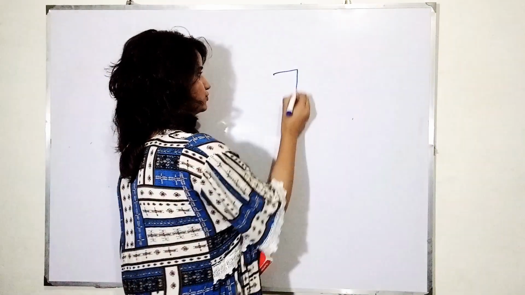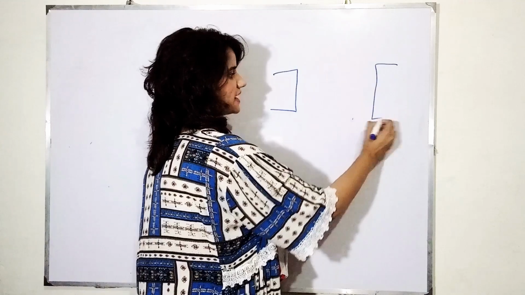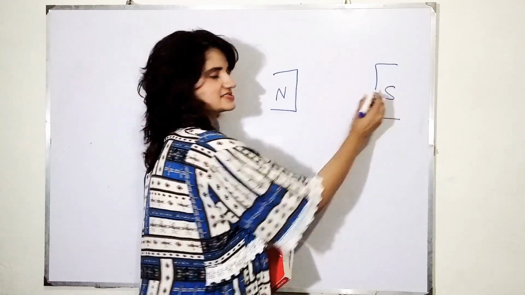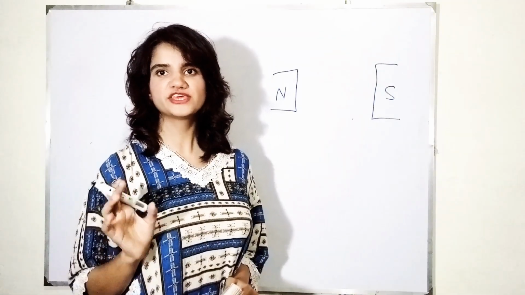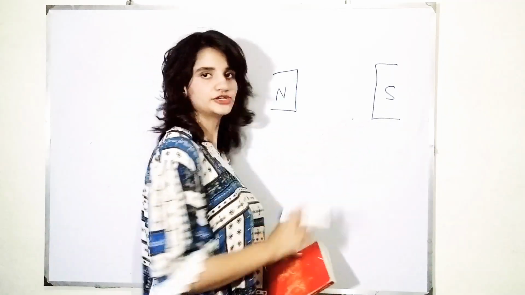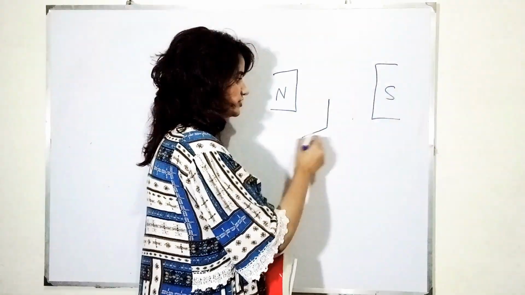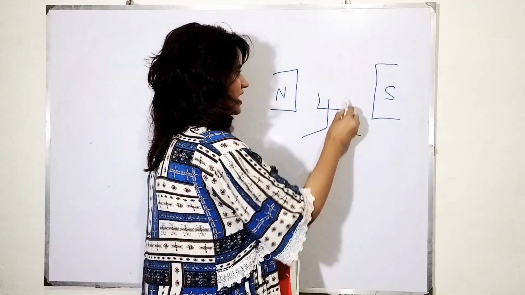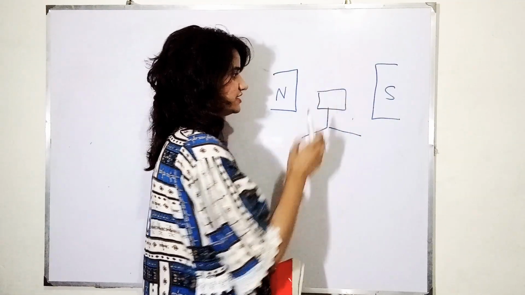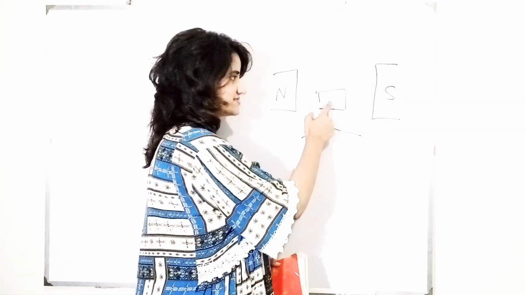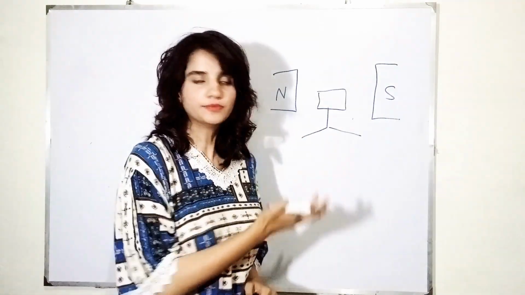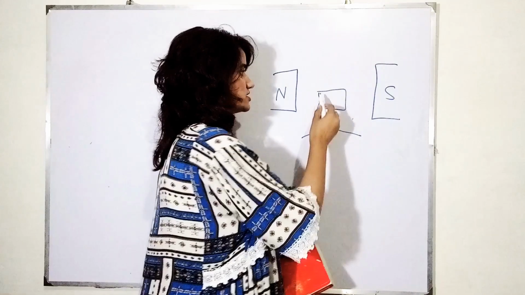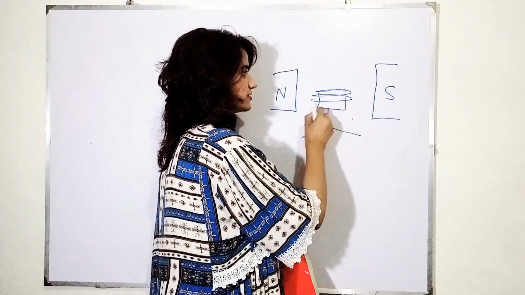For example, there are two permanent magnets, North Pole and South Pole. A pivot is present here, the pivot point which is kept in between the permanent magnets, and it is covered with wire.